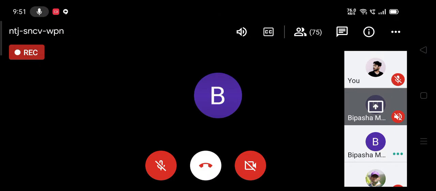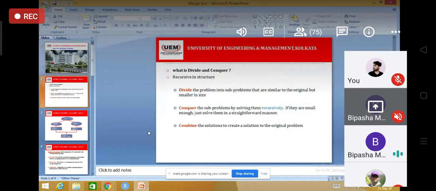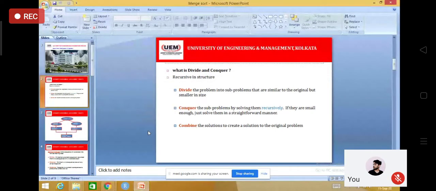So let me start merge sort. Merge sort is one of the algorithms which is based on what? Divide and conquer approach. Now, we have seen another algorithm which is based on divide and conquer, that is binary search.